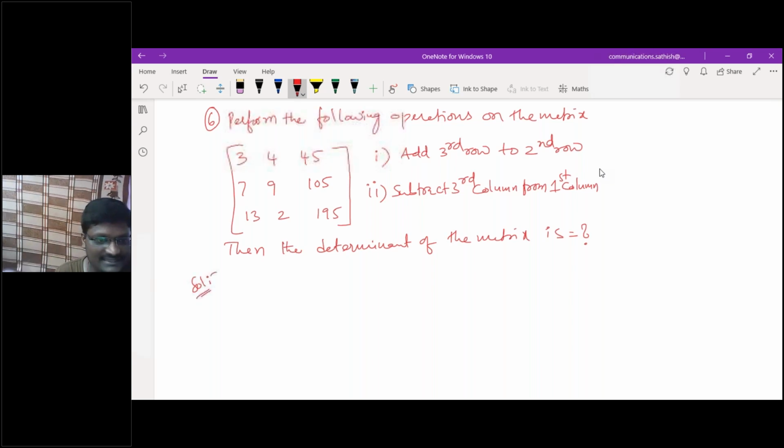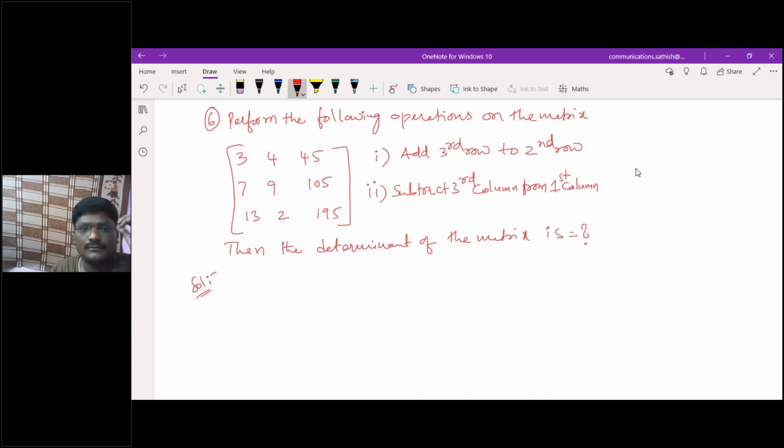Try to understand this question properly, then give me the answer. What had they given in the question?